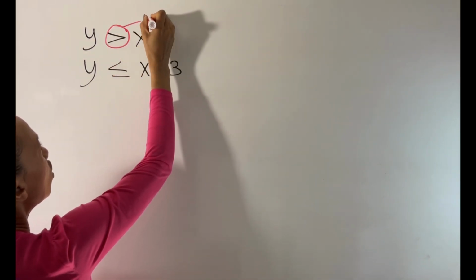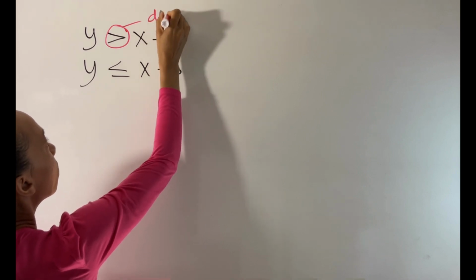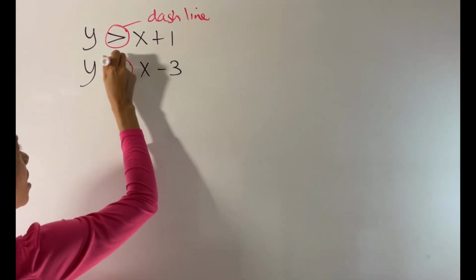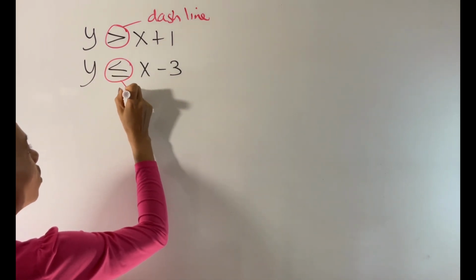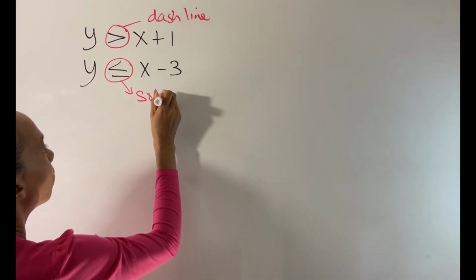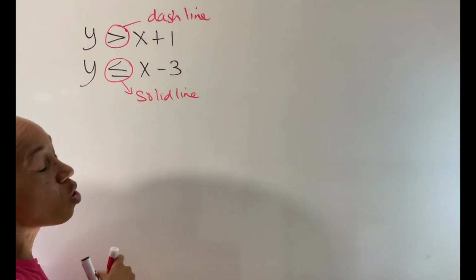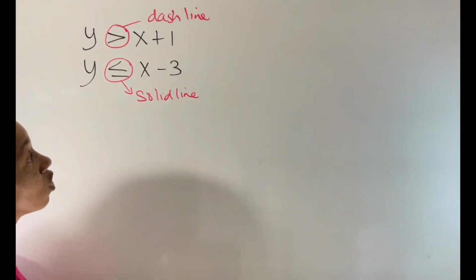That means you are going to use a dashed line. And for this second inequality here, you are going to use a solid line.